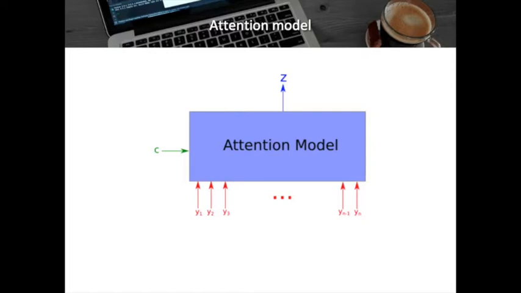In our previous example, the context was the beginning of the generated sentence, and the y's were the representations of the parts of our image. Finally, the output was a representation of the filtered image, where we had the filter to put the focus on the interesting part for the word that was currently being generated.